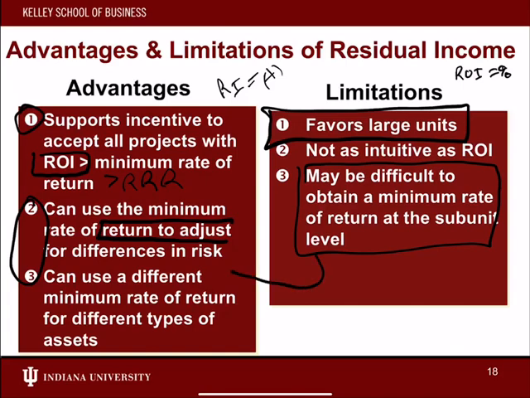But the good thing is, as we see over here on the advantages side, firms can adjust for that. So if they are adjusting, that limitation isn't such a big deal. The big limitation is up here in that it really favors larger units, so it decreases comparability. Wow, that writing is terrible, but that says comparability.